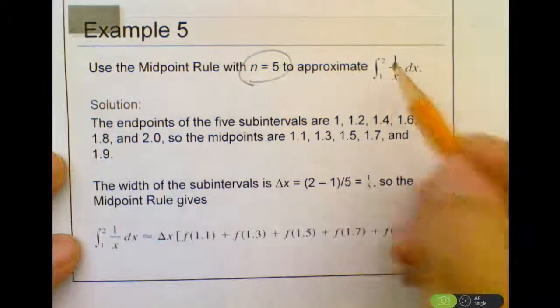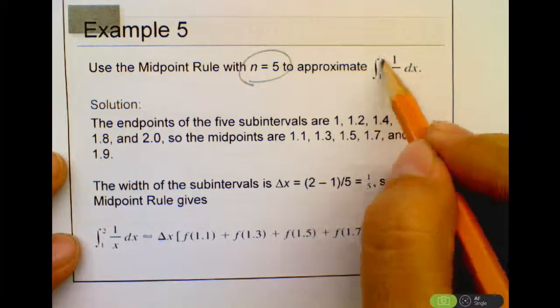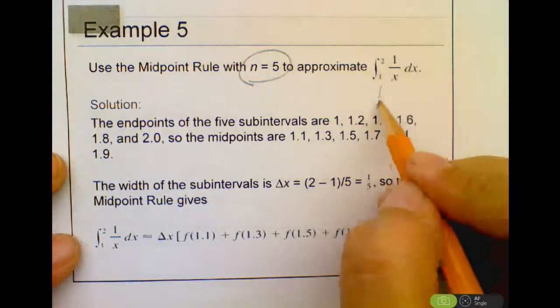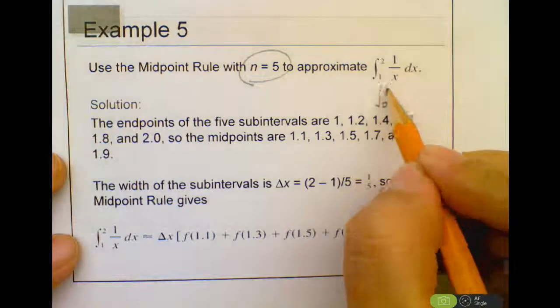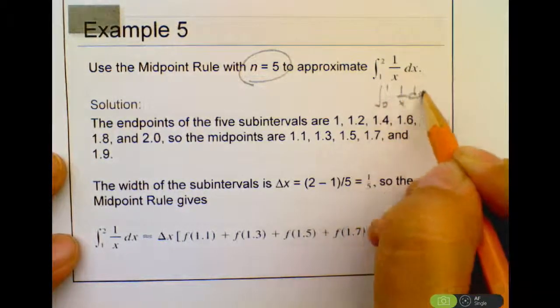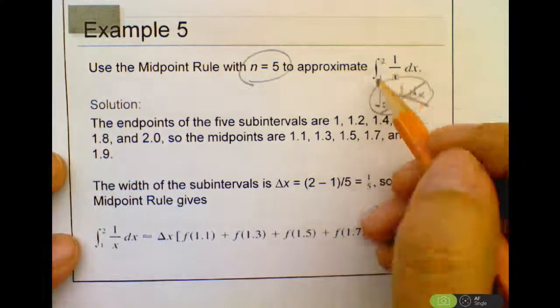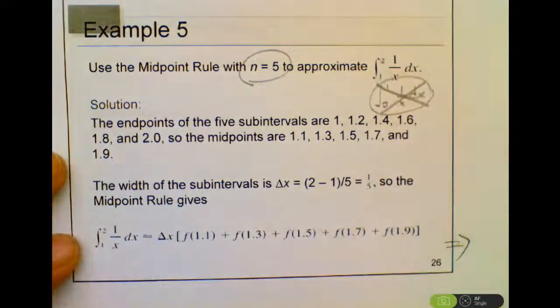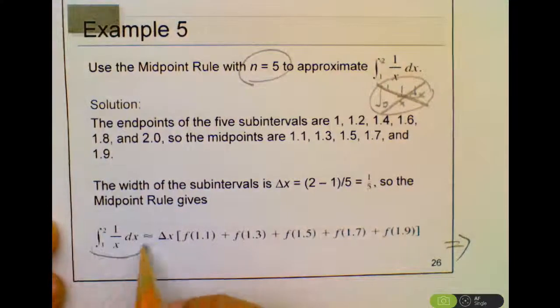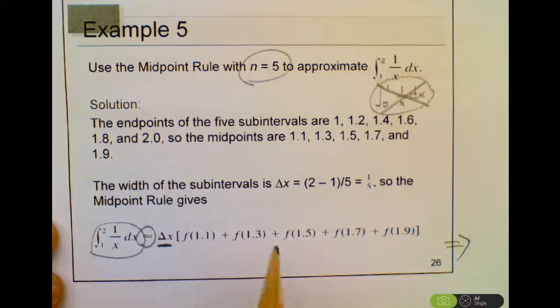We're going to use 5 rectangles to find the area between 1 and 2 of 1 over x. We saw that the integral between 0 and 1 of 1 over x dx cannot be found, but if you are using other limits of integration, then yes, you can find the area. So the integral is approximately the length of the bases of each rectangle times every height, and every height is given by those values that I just explained before.